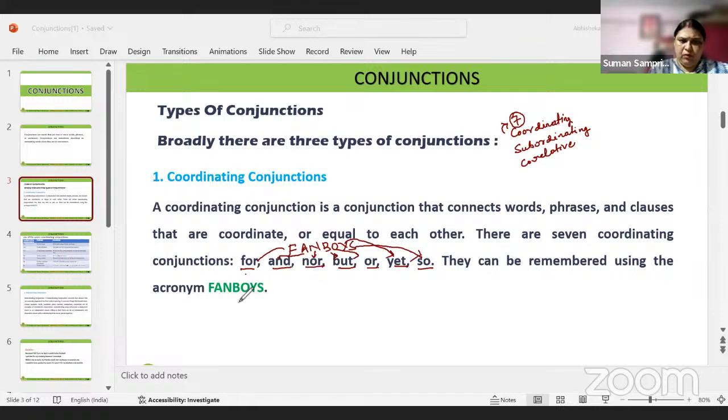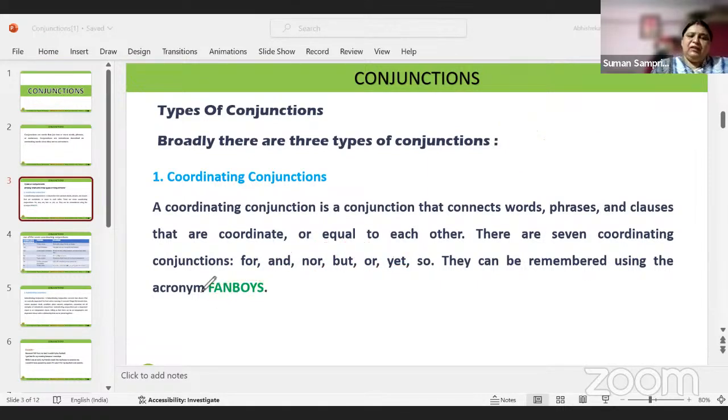This is again a mnemonic technique just to remember, so it will be easier to remember all the 7 coordinating conjunctions. FANBOYS has no meaning here as a word. We just try to remember these things. That's why we call them FANBOYS.